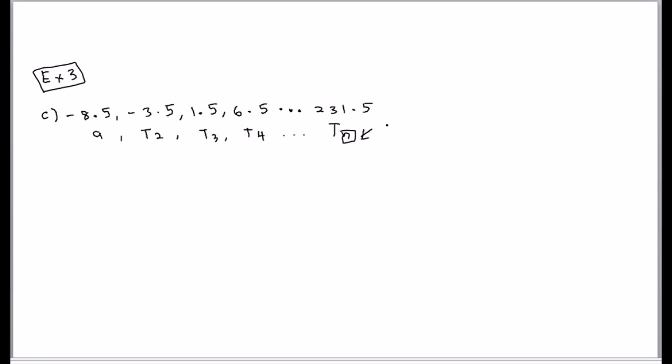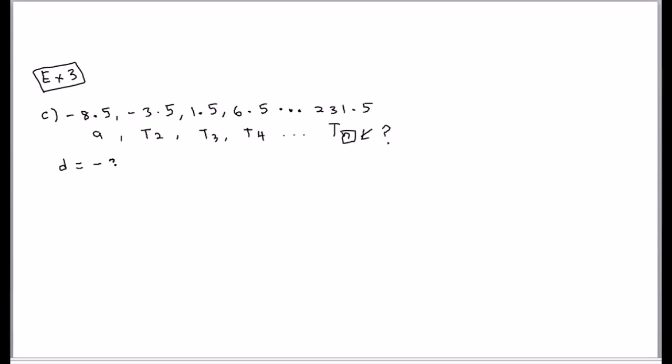What is n? So we know that A equals negative 8.5. Next, we can find D. We can do T2 minus A or T3 minus T2 or T4 minus T3. Okay, you can choose either one. Let's say I choose T2 minus A.